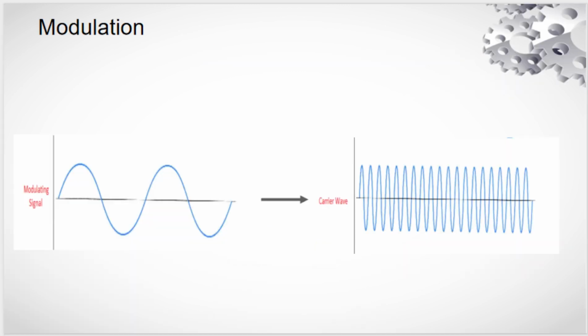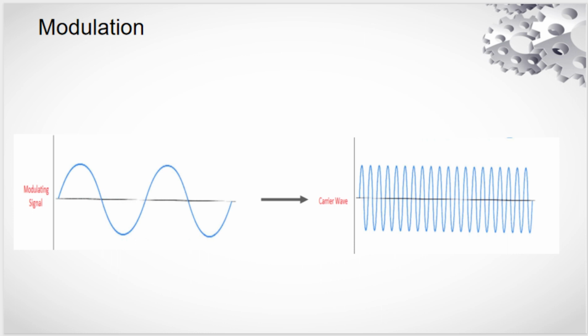We want to transmit our data signal, such as conversation over the phone or music from radio. We need carrier waves to deliver our data signal. In general, the frequency of the carrier wave is higher than that of the data signal wave.